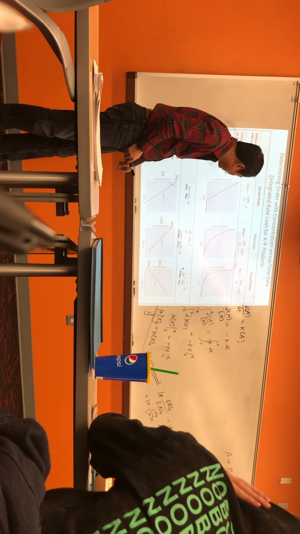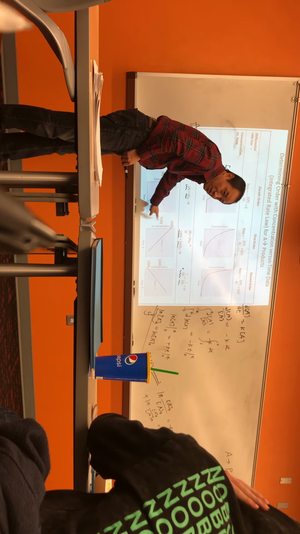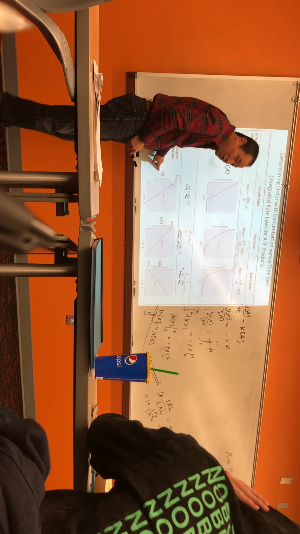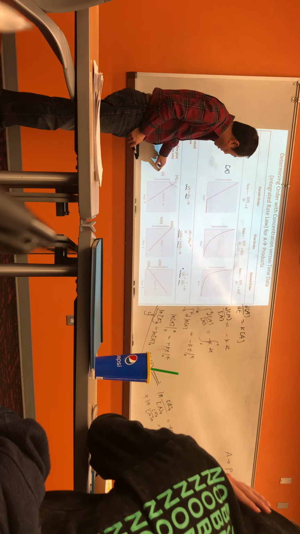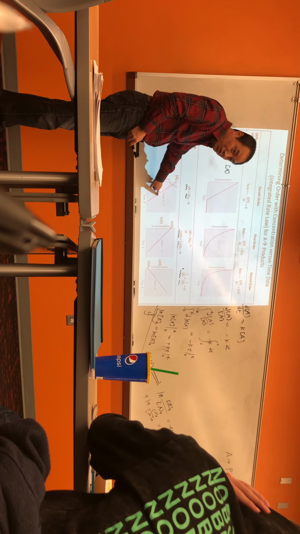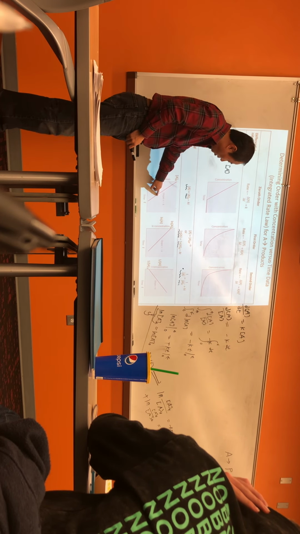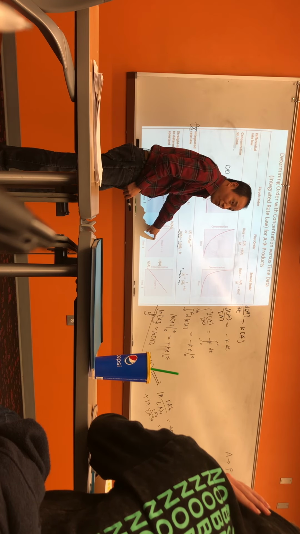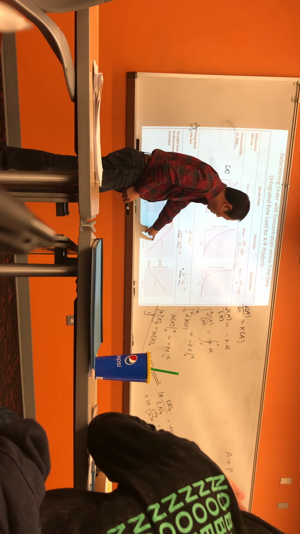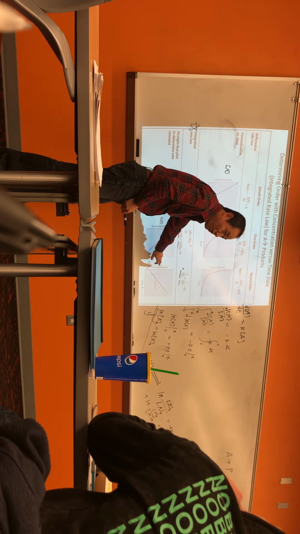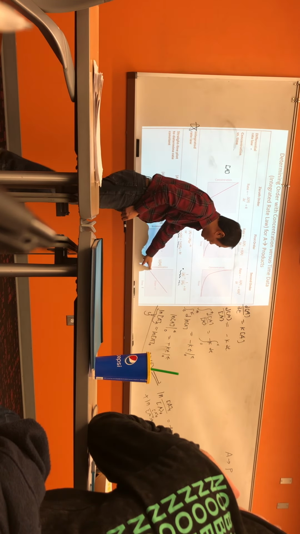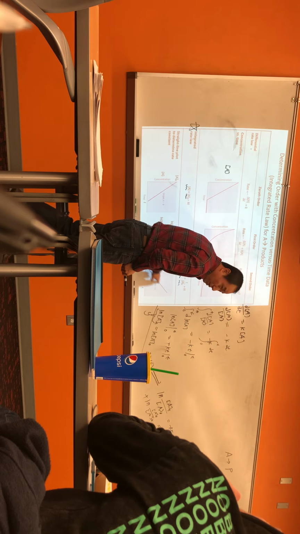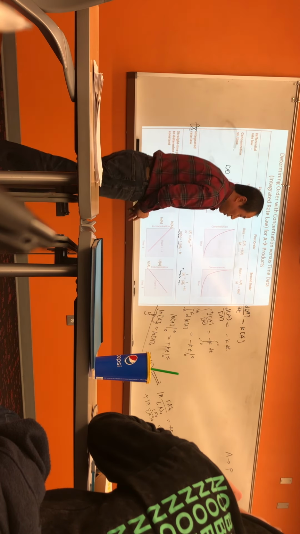Look at the y-axis. If the variable on the y-axis is the concentration itself, and it's linear, it's zeroth order. If the variable is a logarithm and also linear, that's first order. And if the y value is 1 over A, and there is a line, then it's second order. Okay?